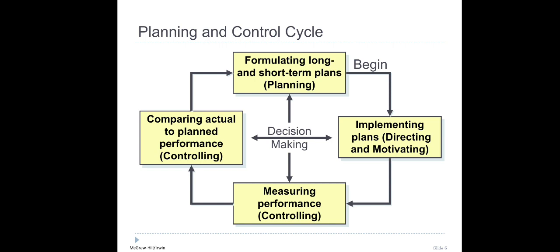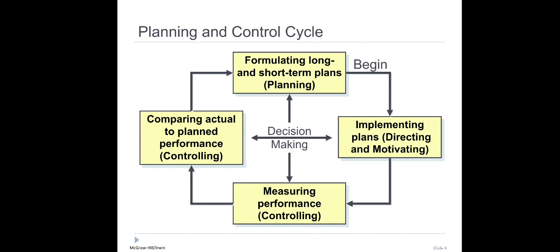Okay, this is the control cycle, about the three functions of management. Planning is about formulating long and short-term plans, then implementing plans is related to directing and motivating, and then controlling is related to measuring performance and comparing actual to planned performance.